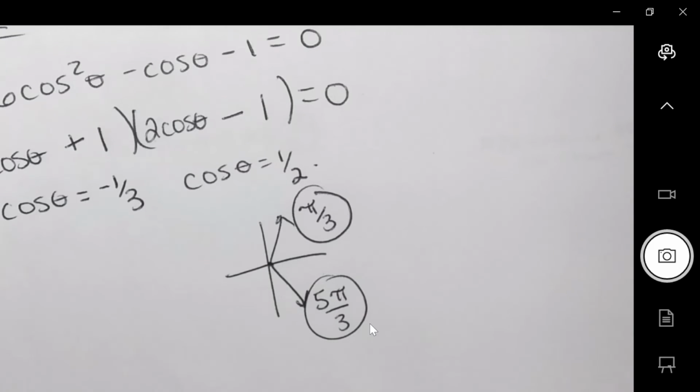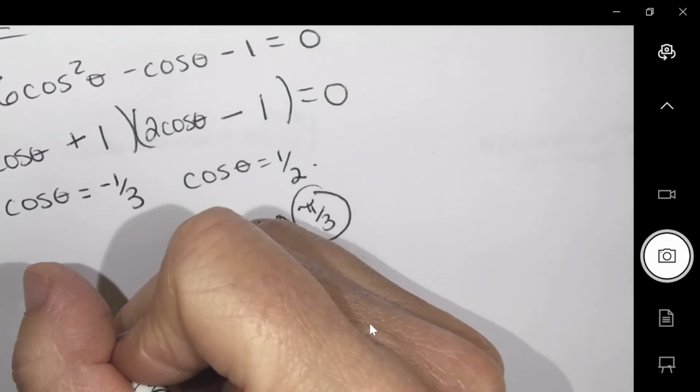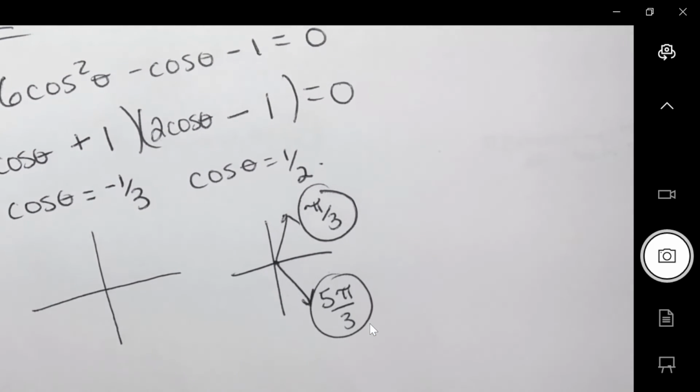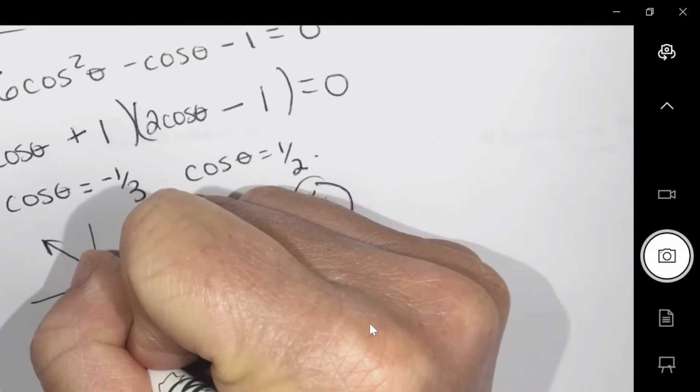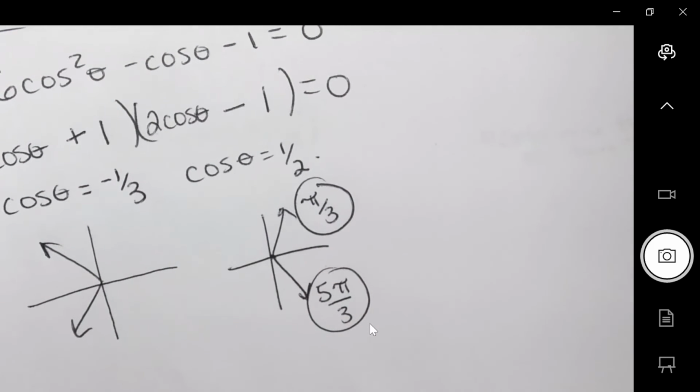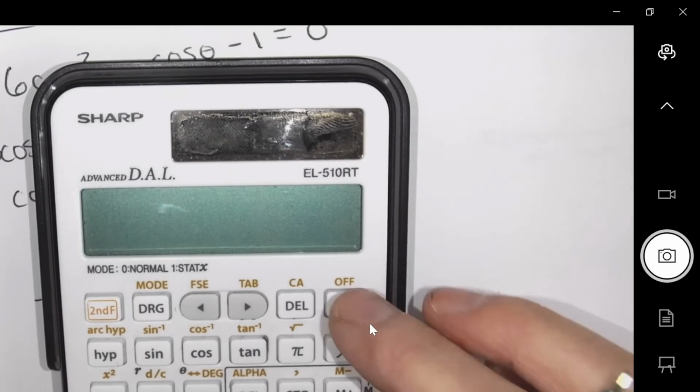Okay, how do you do it when it's actually not on the unit circle now? We first determine the quadrant spots. Now we do calculator.